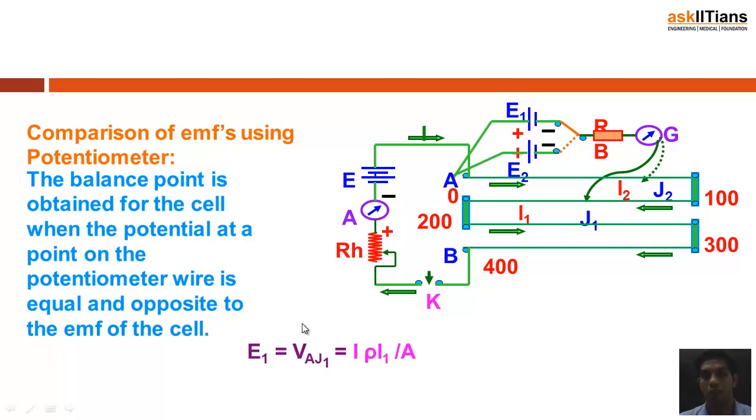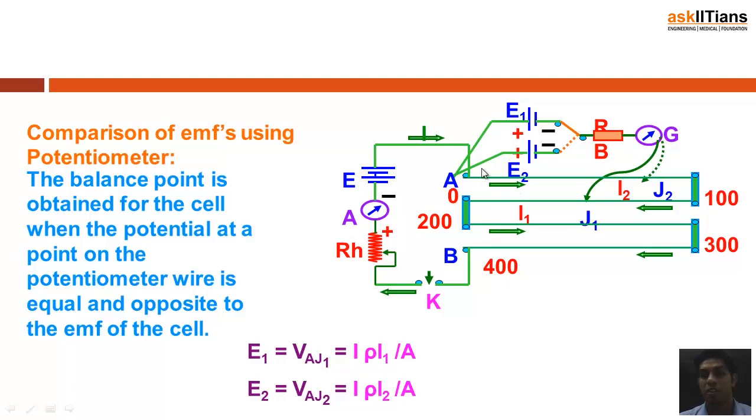So through this we can find out that E1 is equal to V_AJ1, which is equal to I rho L1 by A, this being the resistance, this being the current. Similarly, I can find out that E2 is equal to V_AJ2, which equals I rho L2 divided by A. So this is the guiding principle, same as that of the Wheatstone bridge and the meter bridge.